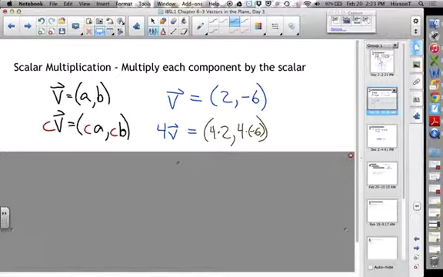So that would give me the vector (8, -24). So again, not a really difficult concept, but we're going to start putting things together here in a little bit.